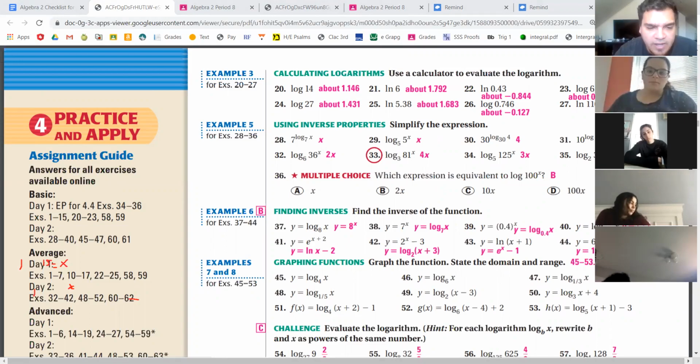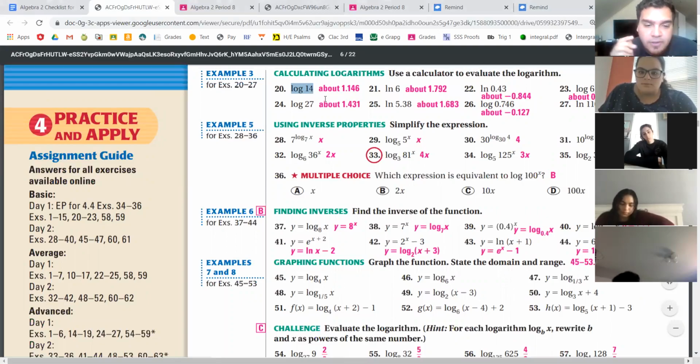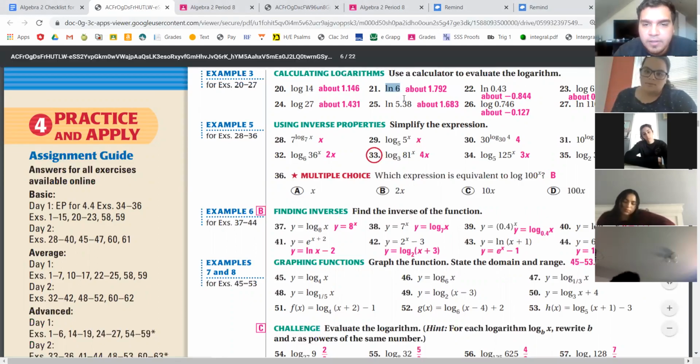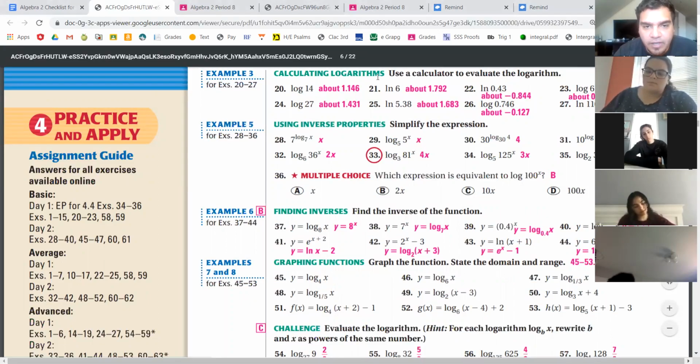You might have to click second. No, I don't think you have to click second first, but you click that button and you just type in your numbers. So you click log and you press 14. It should be on the left, about 5 or 6 up on the left. And ln should be like 5 or 6 up. And both of those buttons will get you some numbers like that. So you just literally type into your calculator.